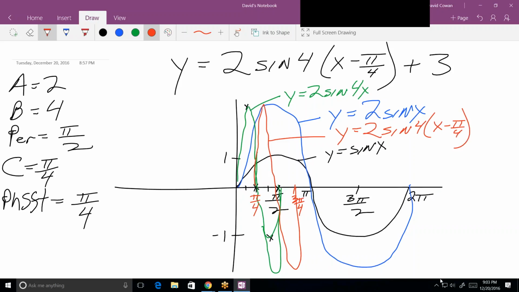It's only one last thing to do, the vertical shift. You don't have another color, so I'm going to use black. I'm going to take the red line that I just drew, not going to change its shape, just going to move it up 3 units so that it starts at 3 and not 0.